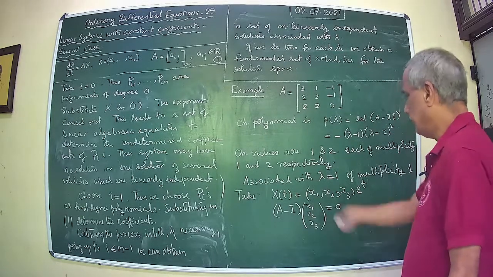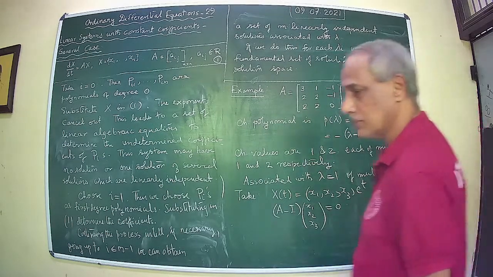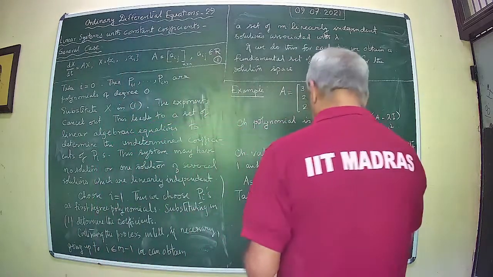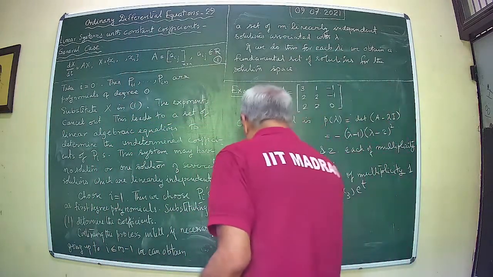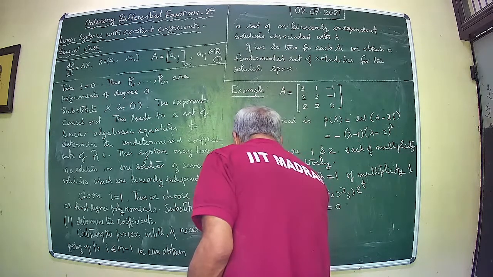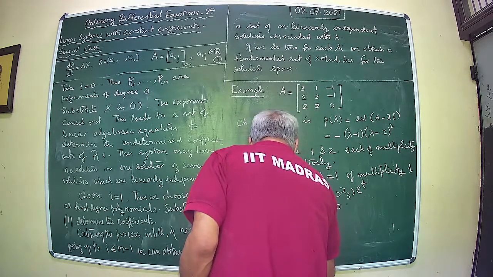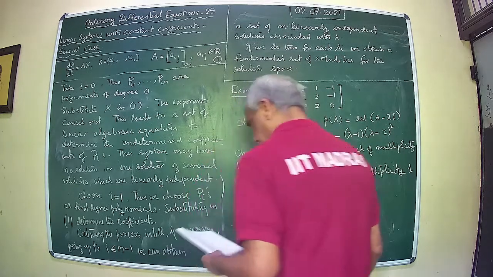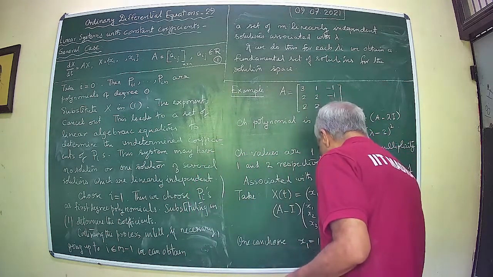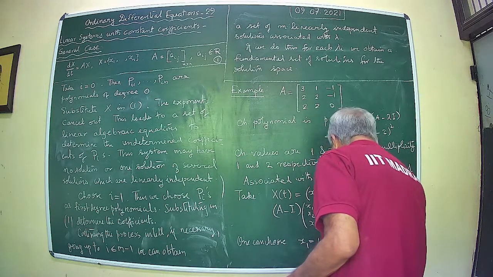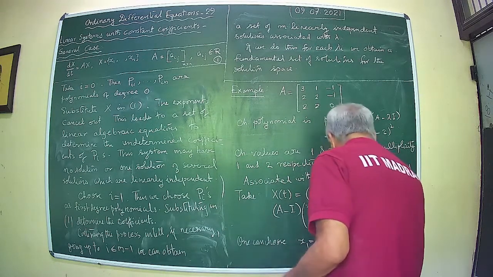You substitute in this and do the work, and one can choose x1 equal to 1, x2 equal to 0, x3 equal to 2.